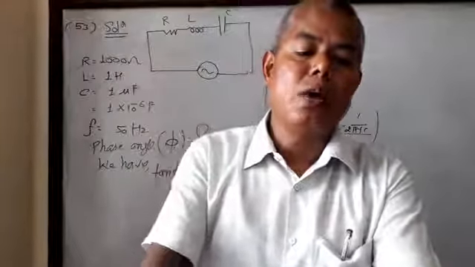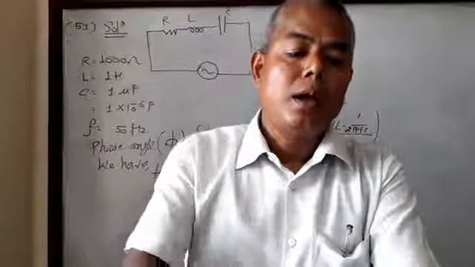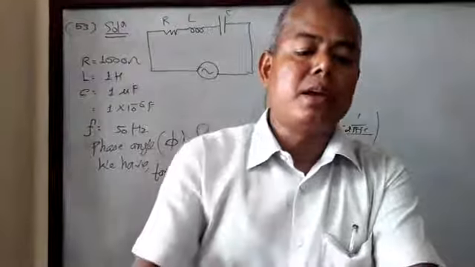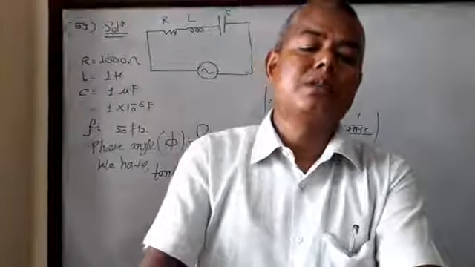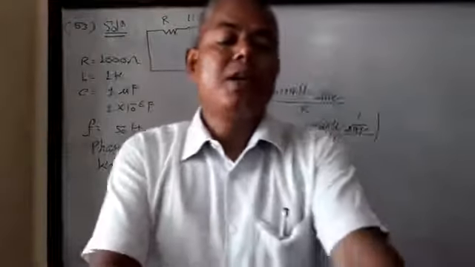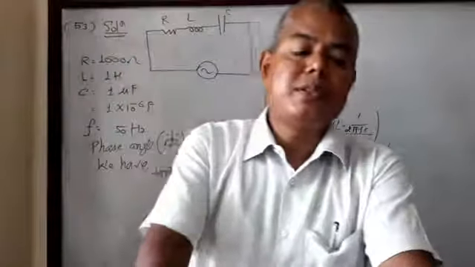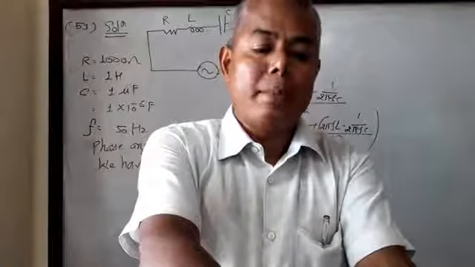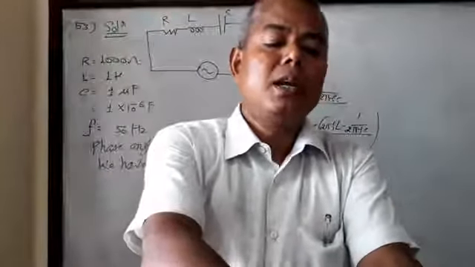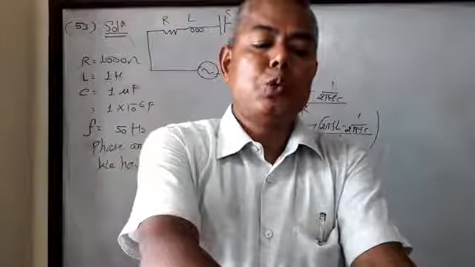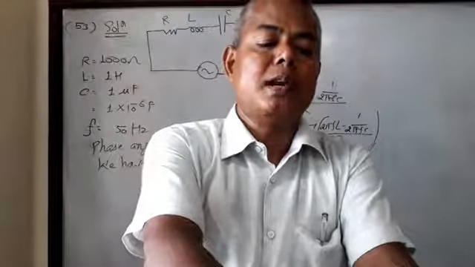Current is 1 ampere. And at frequency 100 Hz, current is 0.625 ampere. Determine the inductance of the coil. We have two frequencies and two currents. When frequency F1 is 50 Hz, current is 1 ampere. When frequency is 100 Hz, current is 0.625 ampere. Determine the inductance of the coil.